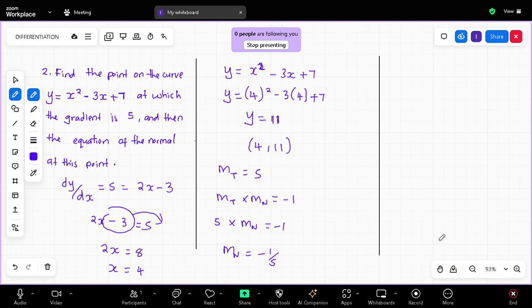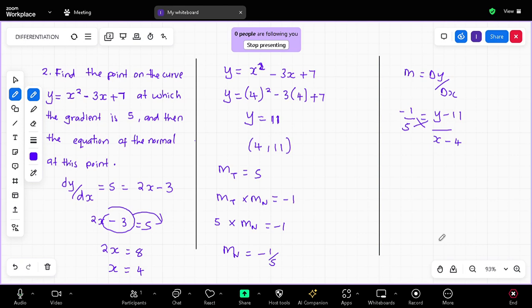So we say the gradient of the normal is equal to the change in y over the change in x. So -1/5 is equal to y minus 11 over x minus 4. So you need to cross multiply.